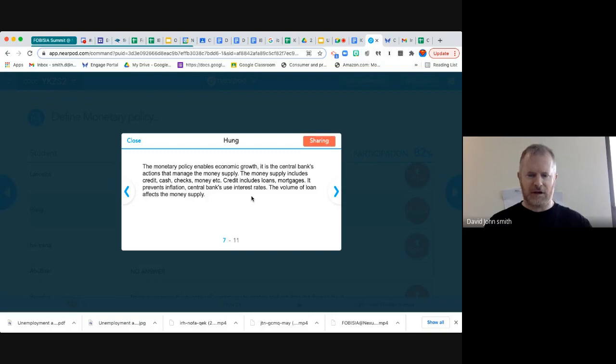Now, this is Hung's answer from yesterday, and it's really good, right? It's very full. You'll see that he's included the definition of monetary policy. He's included the two aspects of monetary policy, which is the money supply and the interest rates. And he's given a hint as to what it is that they're actually going to be using it for. So, for example, preventing inflation.